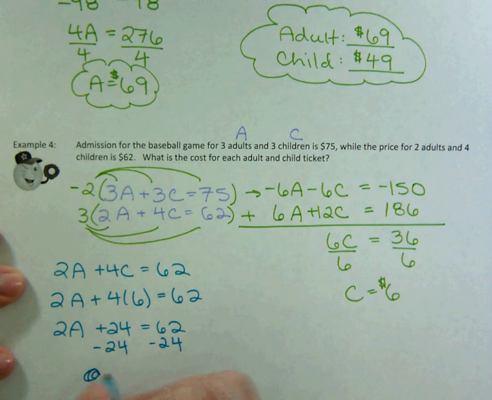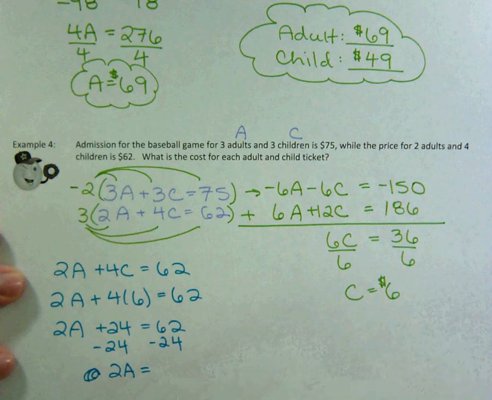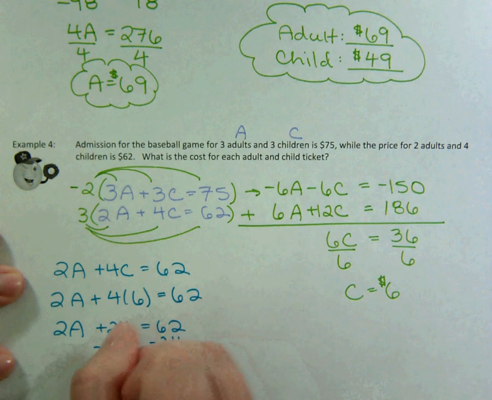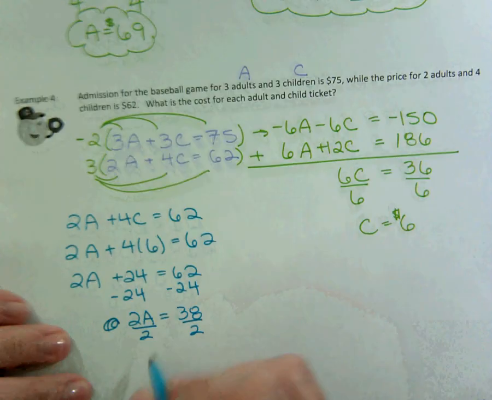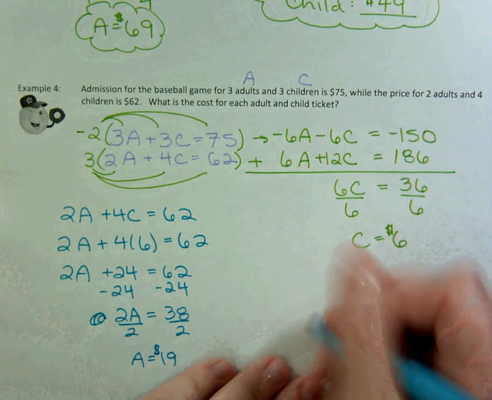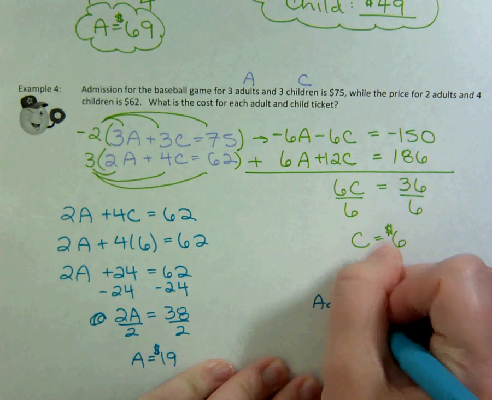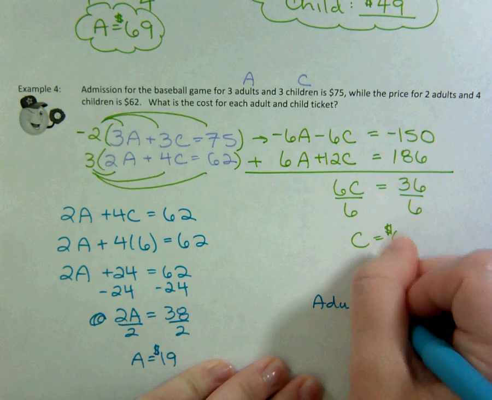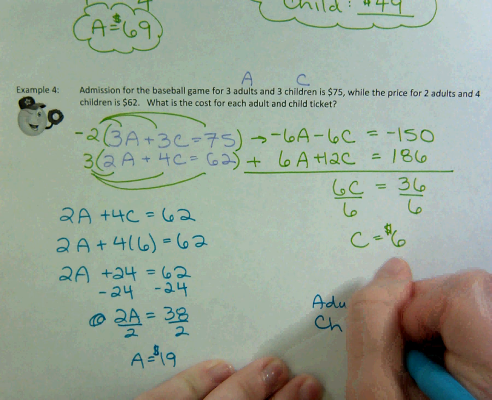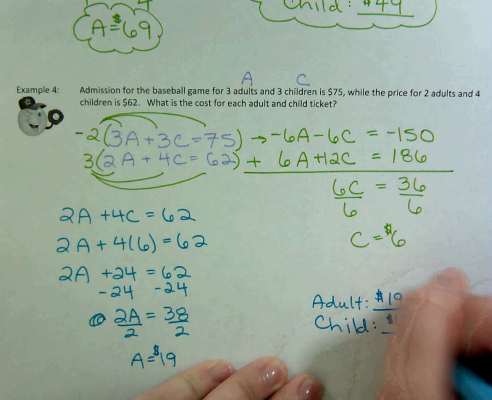So, 2A equals 62 minus 24 is 38. Divide both sides by 2, and you should get A as 19. And so you'll have the adult ticket is $19, and the child ticket is $6.